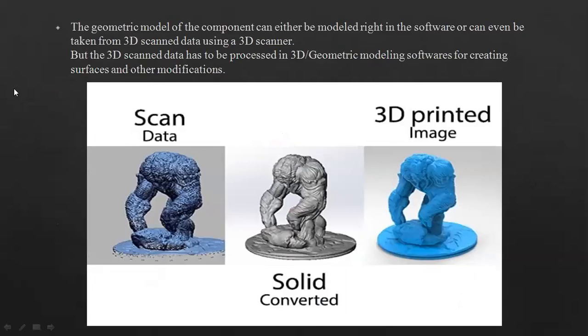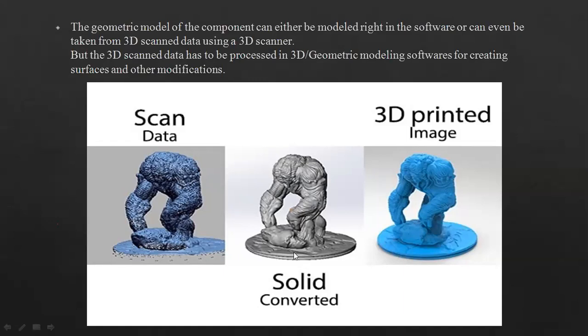Also, the geometric model of the component can either be modeled right in the software or can even be taken from 3D scan data using a 3D scanner. So, two ways to do it. You can either model it in the software, or you can take scan data from 3D scanners. We have 3D scanners available in the market. You can take scan data of that, and that will be processed to make it solid.